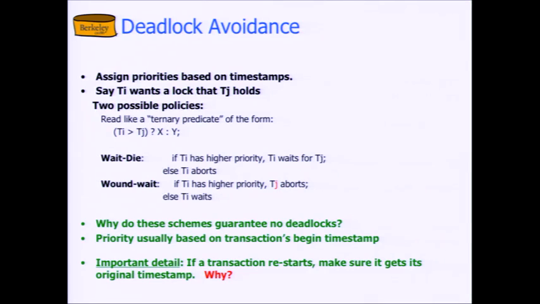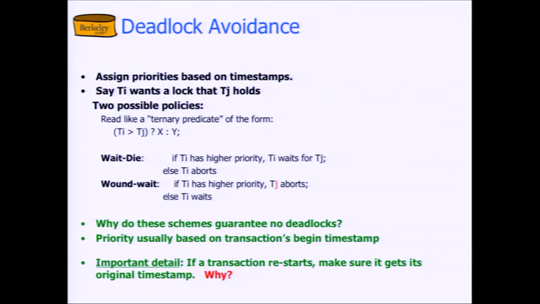The second scheme is called wound-wait. If TI comes in and has higher priority, it aborts the transaction that holds the lock, the lower priority one. Otherwise, it waits. Because priority is usually based on your timestamp, you have higher priority if you're older.